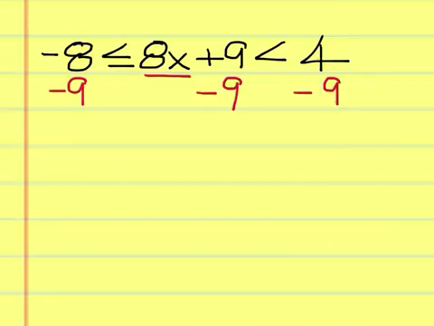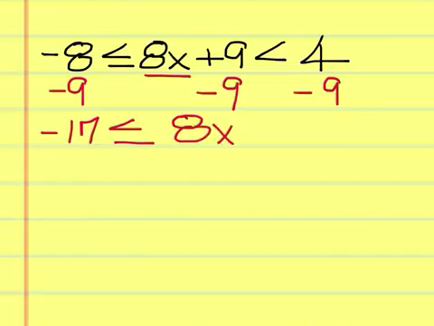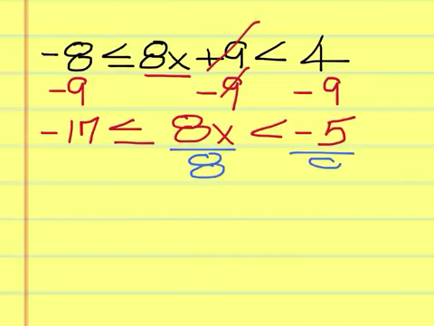So negative 8 minus 9 is a negative 17. Less than or equal to 8x, because these cancel out. And then less than 4 minus 9 is a negative 5. But you still don't have x by itself. It has an 8 with it. So divide everything by 8.